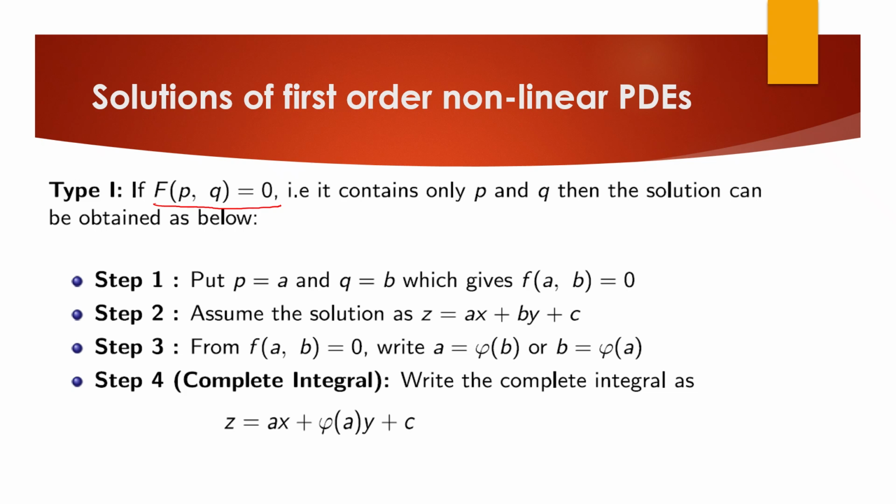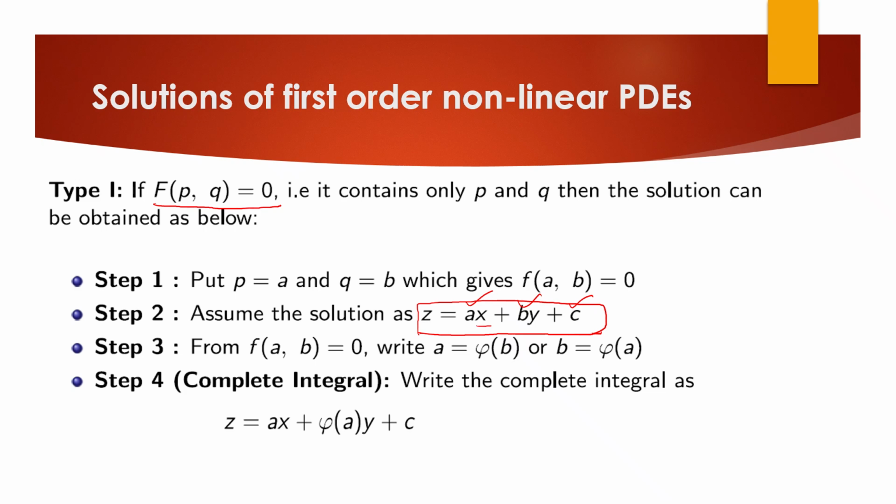Here the solution is assumed as z is equal to ax plus by plus c. First we have to reduce the constants in this solution because now we have three. Our objective is to reduce one constant so that we have an equal number of constants as the number of independent variables.